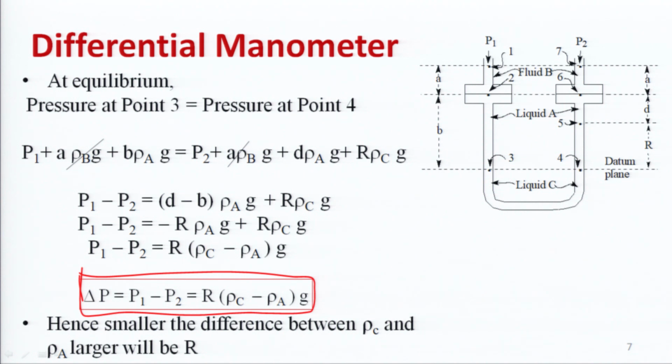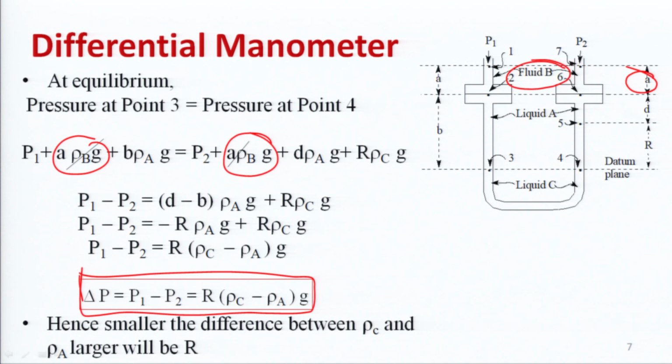So, if you focus on this equation, you will find that A is missing from the equation. That means, here also the measurement of pressure is independent of the value A. Second thing, density of liquid B is also not there, that is equilibrated on both sides and it is cancelled in the first step itself.